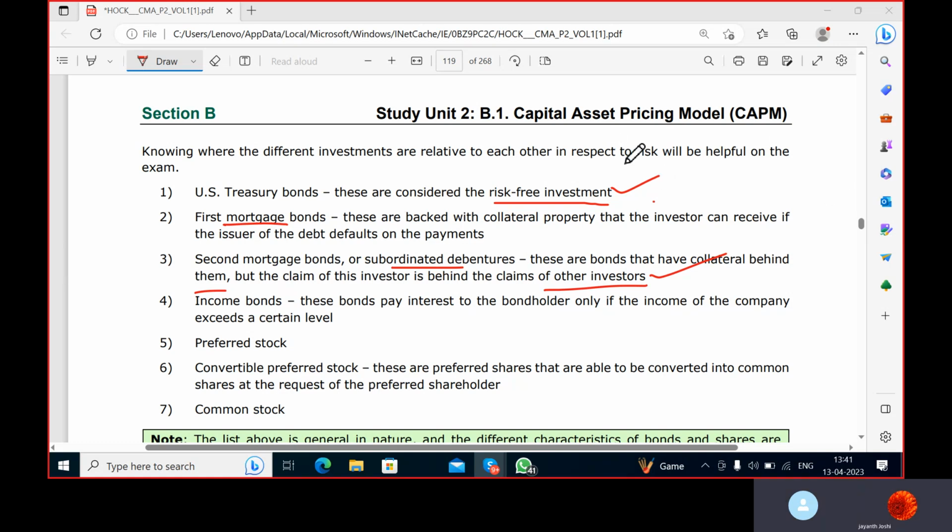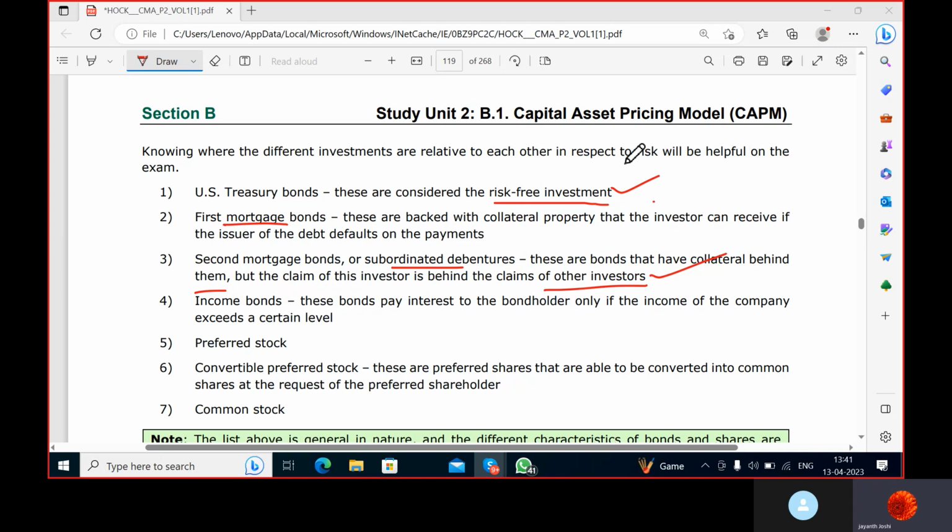Hello. Yeah, sir. See, the version these people are giving for subordinated debentures is somewhat controversial. Actually, subordinated debentures are nothing but unsecured debentures. They do not have any security as collateral. But these guys are saying that the bonds have collateral behind them. What is the collateral?